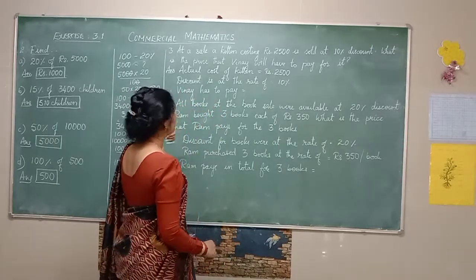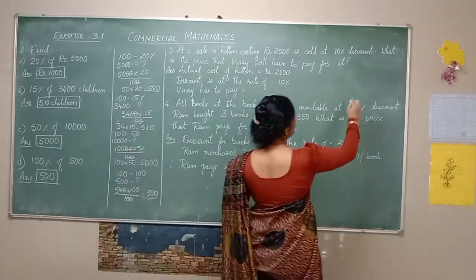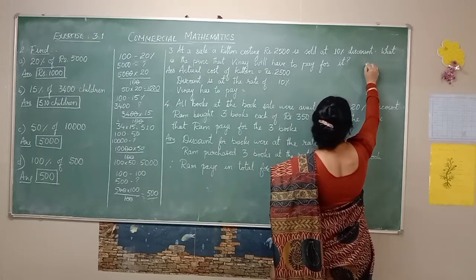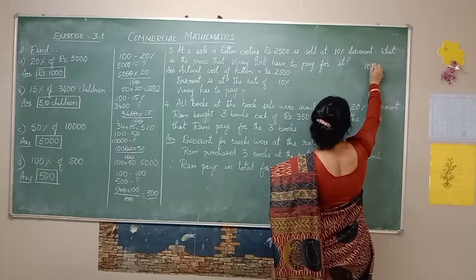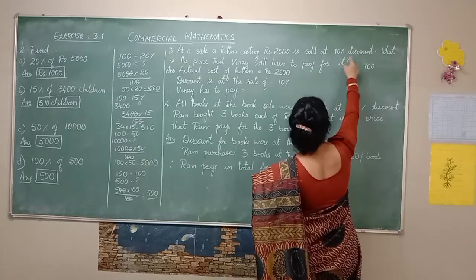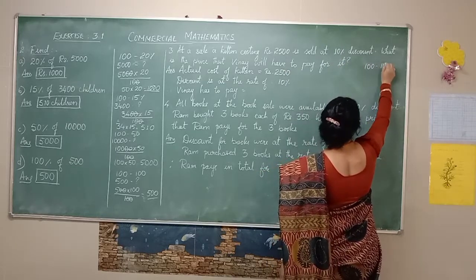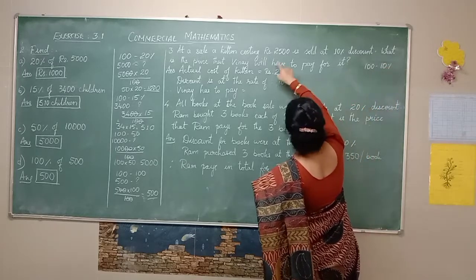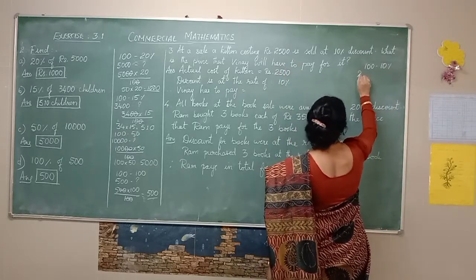Now, how do we find it out? In the working column you have to show it. For 100 rupees the discount is 10%. Then for 2,500 rupees, how much?